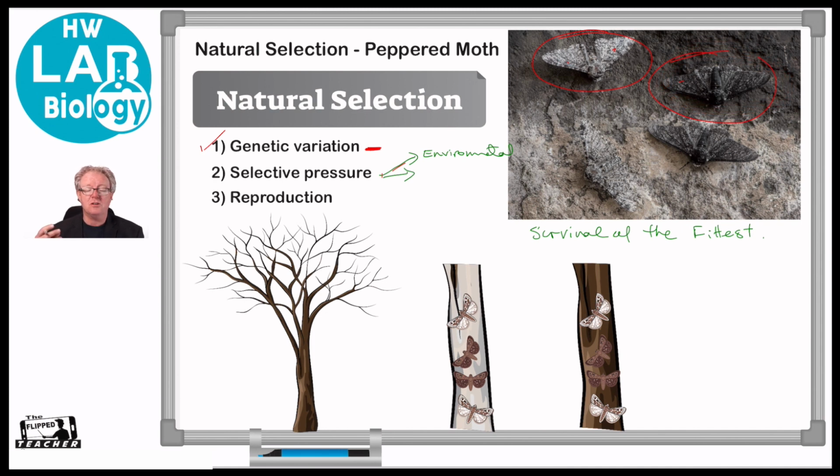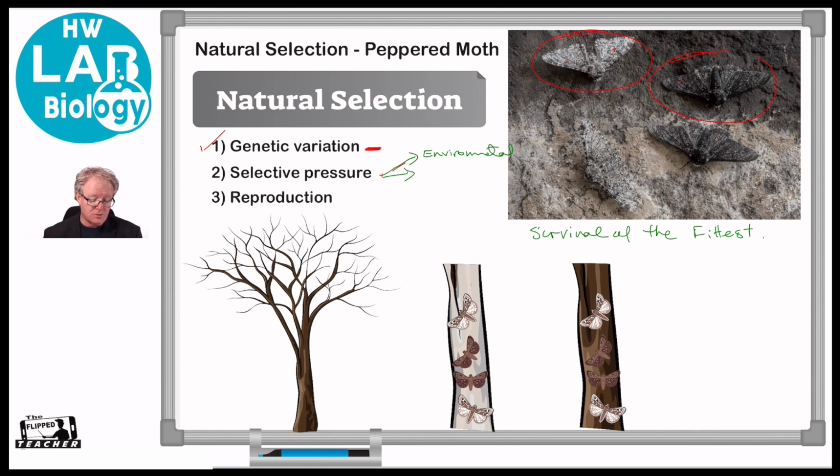They didn't all of a sudden go, oh, the environment's gone black, I'm going to change my color. So be very careful how you phrase this in exams, because as soon as you start saying, oh, the moths adapted to the environment, that's closer to the Lamarckian view of evolution, that we acquire characteristics, which is incorrect.